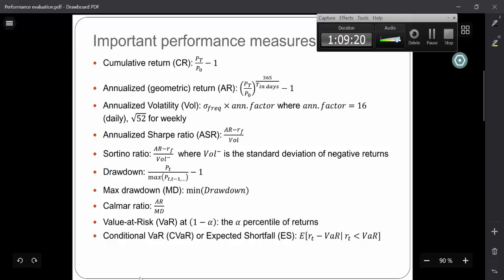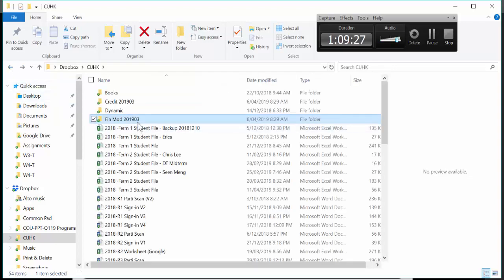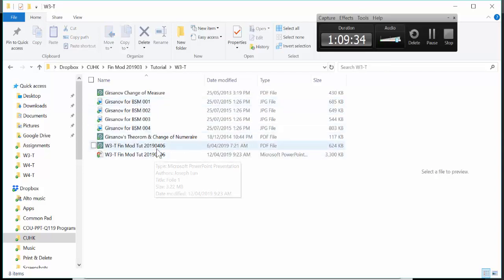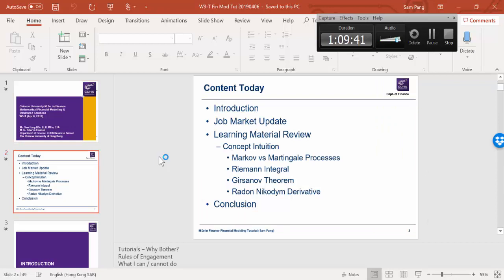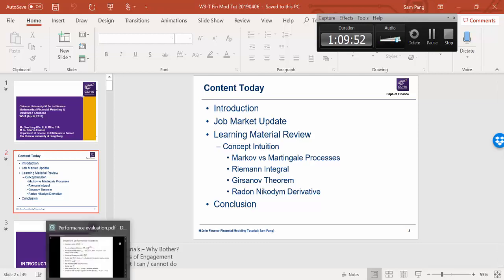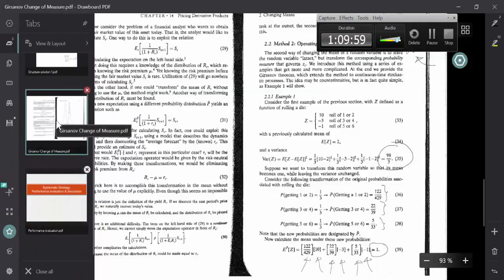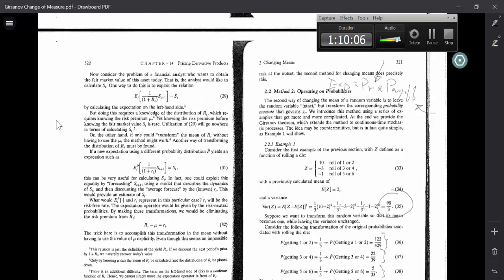So what we've done today, just to summarize, we started off doing a recap on last week, and we were talking about Markov processes and martingales and Riemann integral, and then I just recapped on the Girsanov theorem, and then we looked at a paper with a very simple to understand explanation of the idea behind the Girsanov transformation or change of measure, because an expectation has two things, probabilities and a payoff.